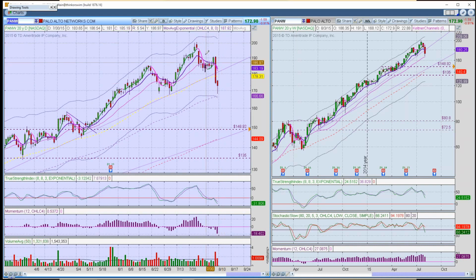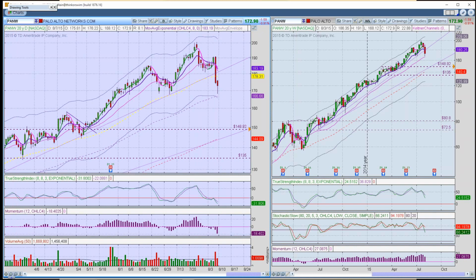But again, one of those classic failure moves where it comes down, bounces, drives back up on a weak relief rally, and then fails. And once this failure took place, it dropped on high volume down below the 50-day moving average, and this was the largest dollar range that it had for almost 2 years.